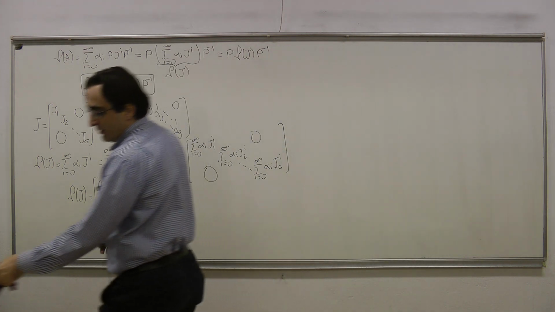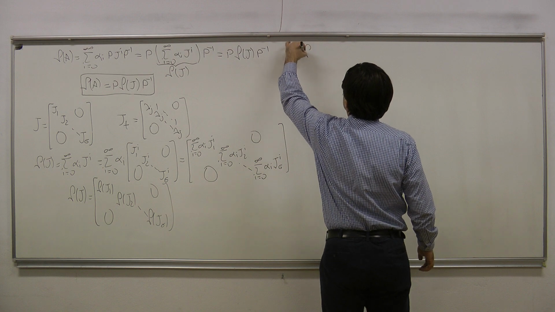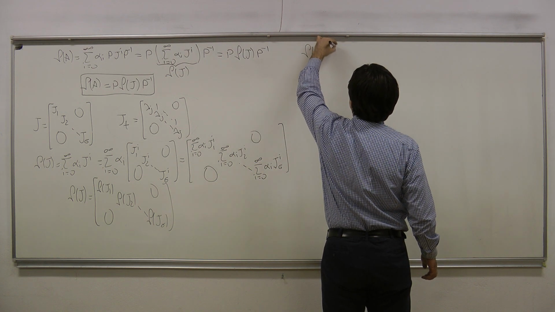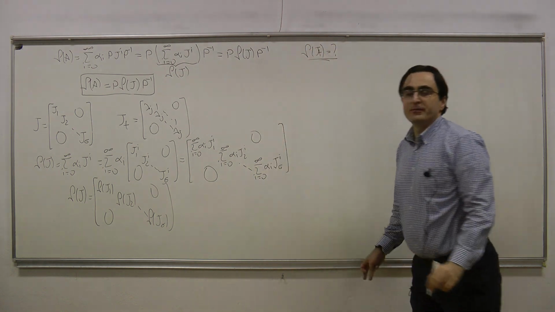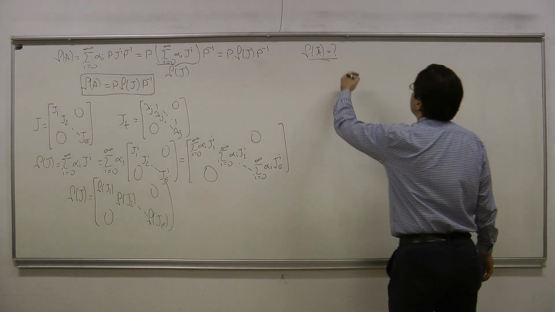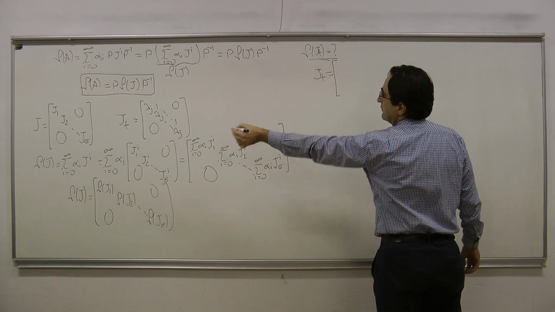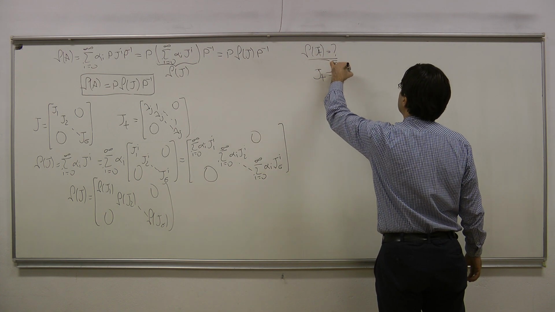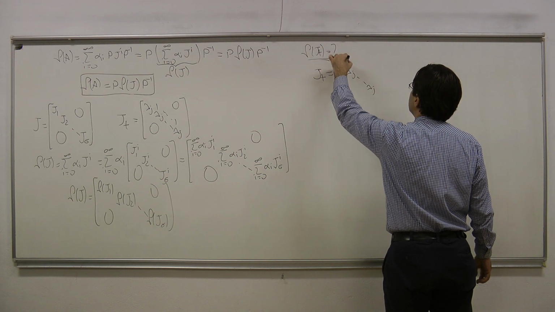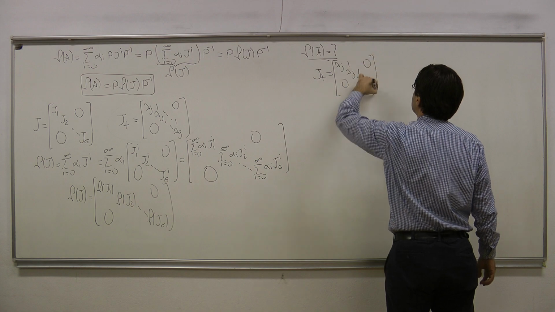I'm going to take a single Jordan block, and we're going to find f of J_t, the function of a single Jordan block. So here I have J_t equal to that matrix, with lambda_j going until here, and I would have ones, and I would have zeros.